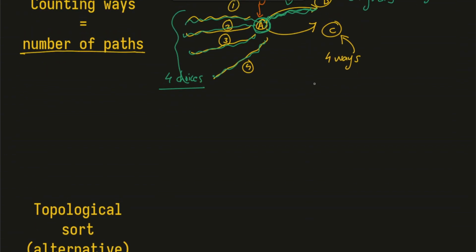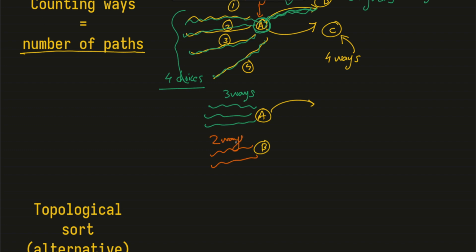So let's take another example. Say we were given a node A, and let's say there were 2 nodes and we know that there are 3 ways to arrive at A and 2 ways to arrive at B. Now in this case, if we need to know the number of ways to arrive at C, then we could choose one of these paths, 3 ways, or choose one through node B, hence 2 ways from here.